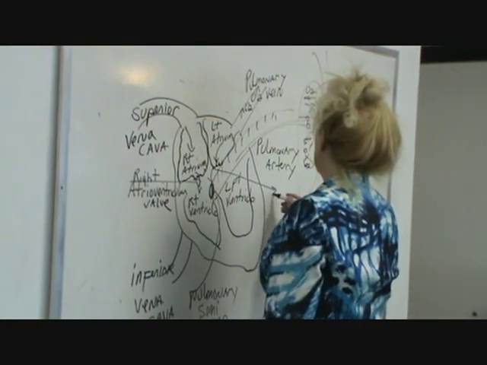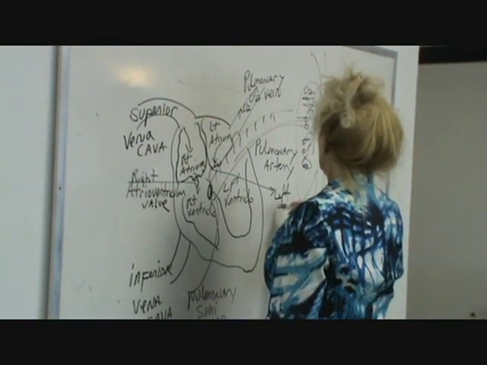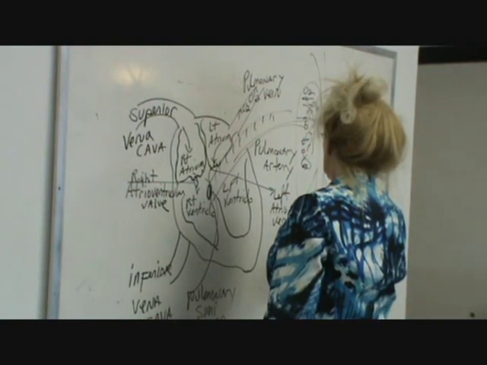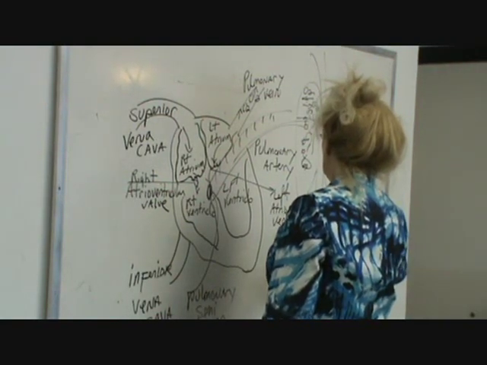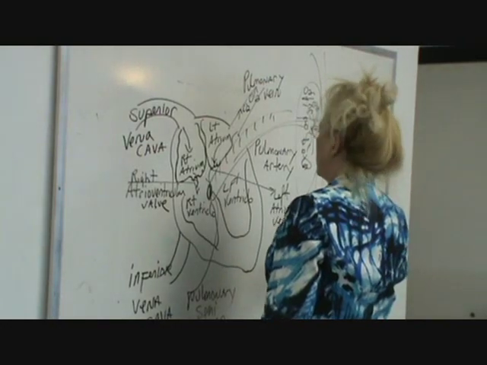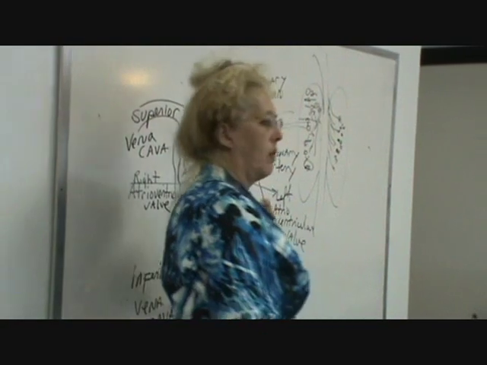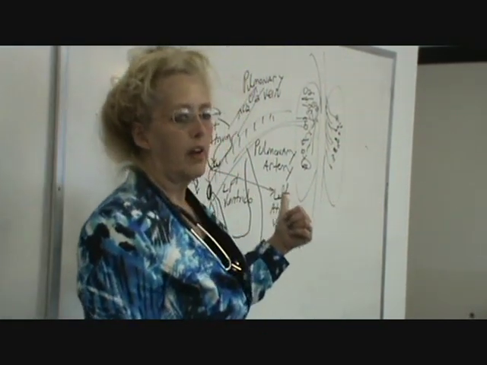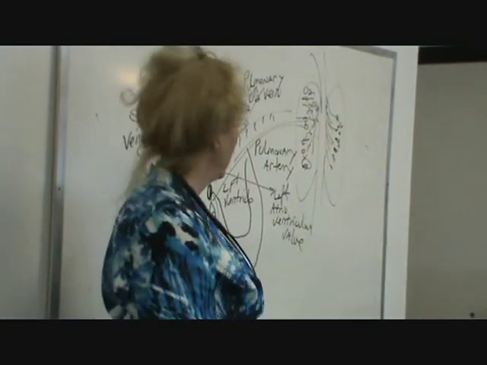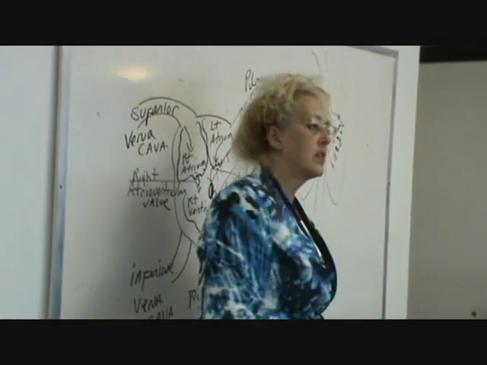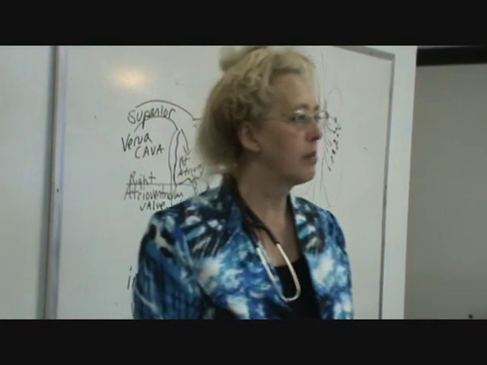So here we go, this is our left atrioventricular valve right here. The blood has to go through it before it can get into the left ventricle. The left atrioventricular valve is also known as your mitral valve or your bicuspid valve.